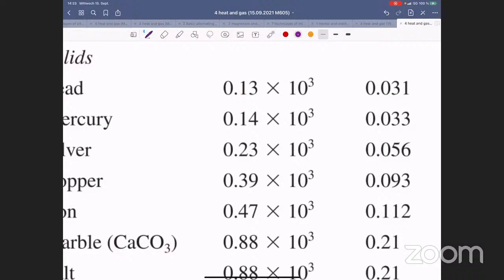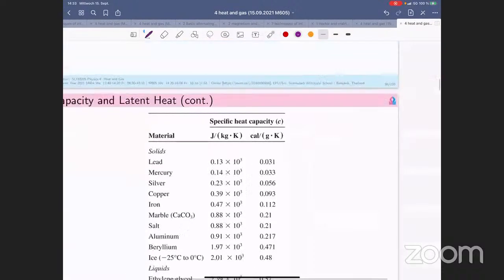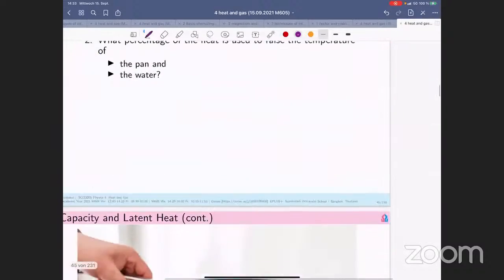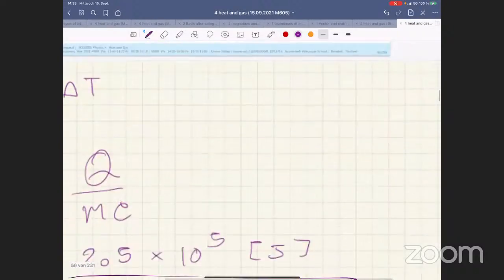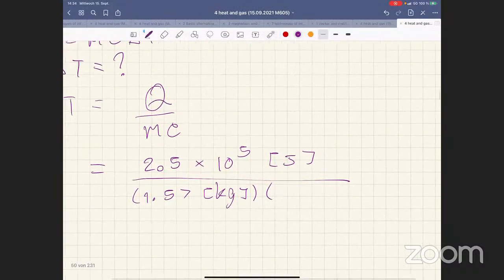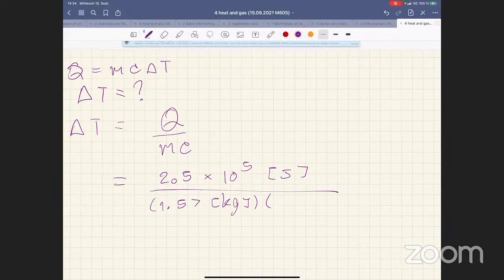So it's 470 or 448. You can use any number, but make the reference from that book or source. We'll say we've used 448, and the unit is joule per kilogram and Kelvin.